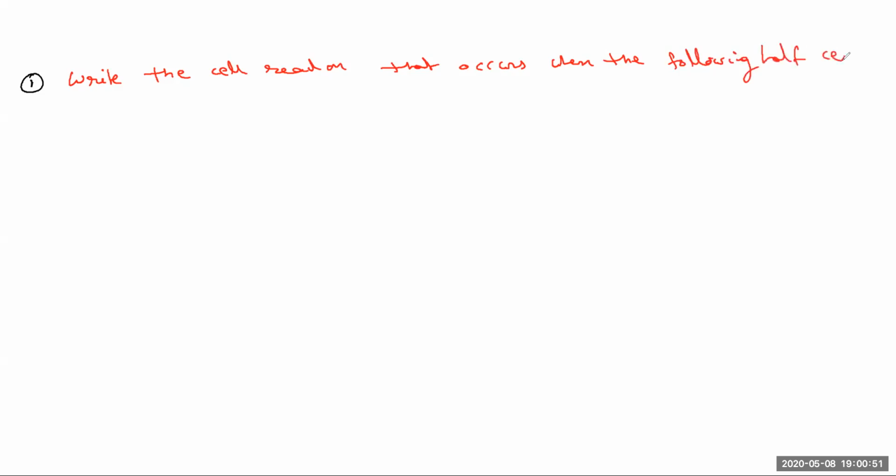Write the cell reaction that occurs when the following half cells are combined.